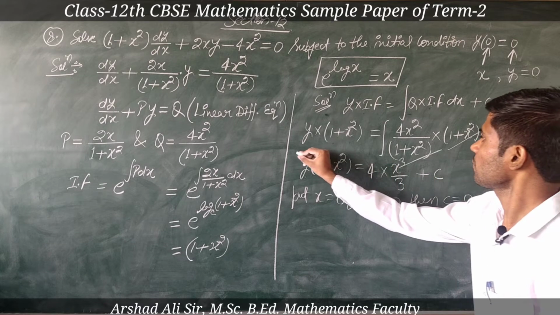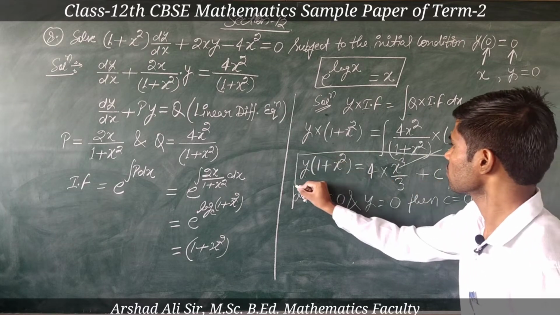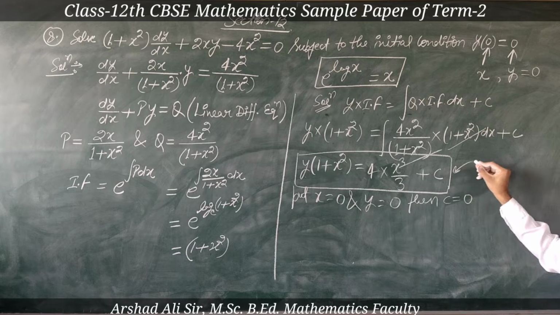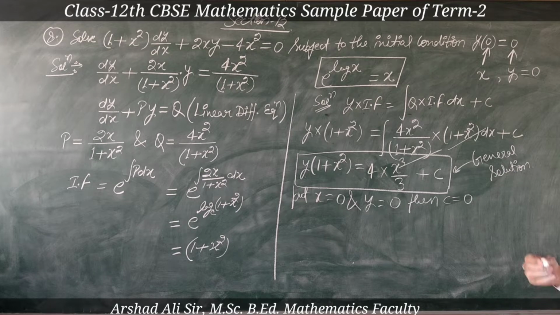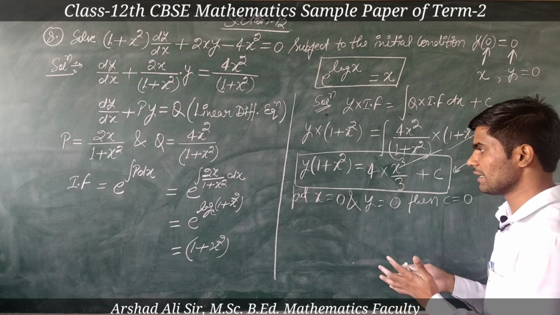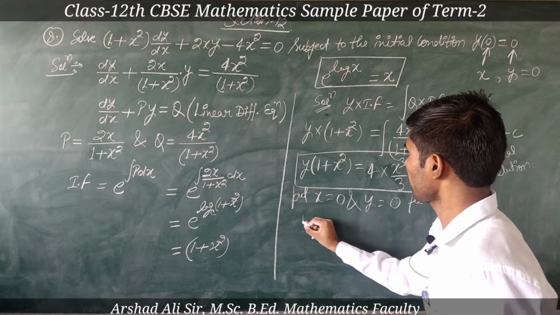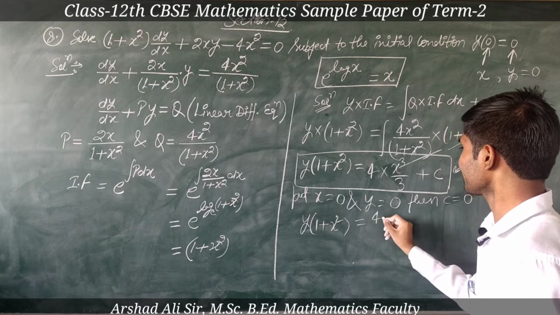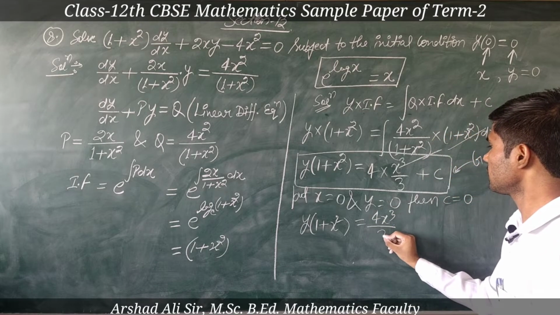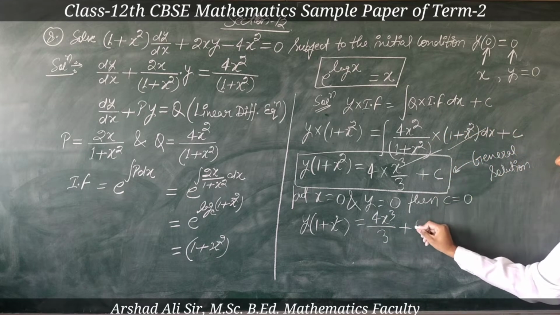It is the general solution. But we have to find the particular solution because we are given the values of y and x. So y into 1 plus x square is equal to 4x cube upon 3 plus the value of c, which is 0.